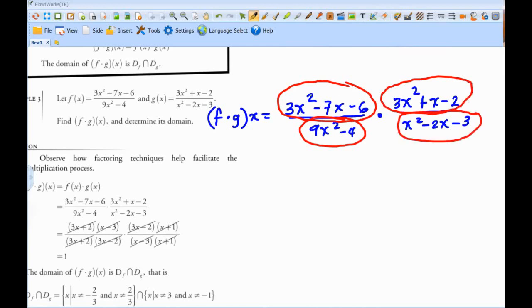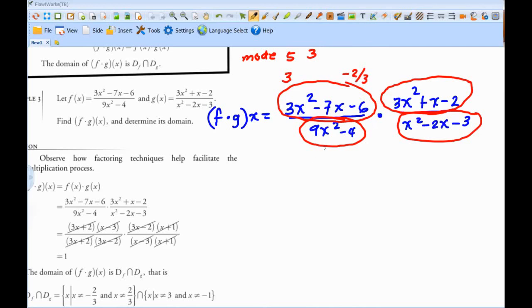For example, you press mode 5, 3. Enter 3, negative 7, negative 6. Then equals, you will get here 3. The other one is negative 2/3.